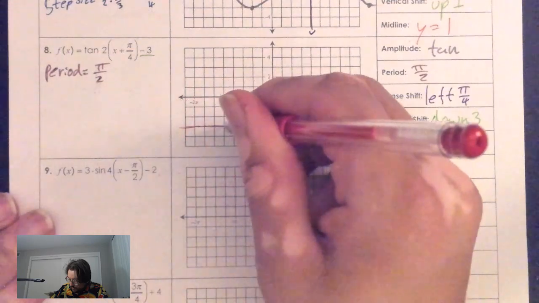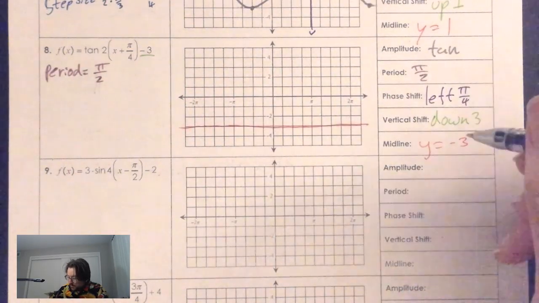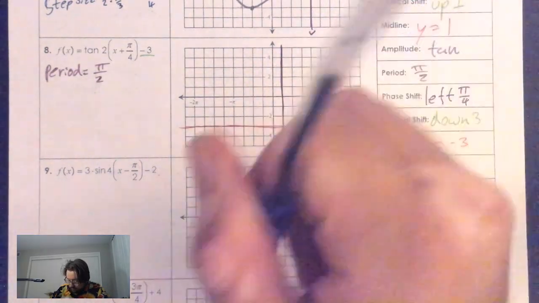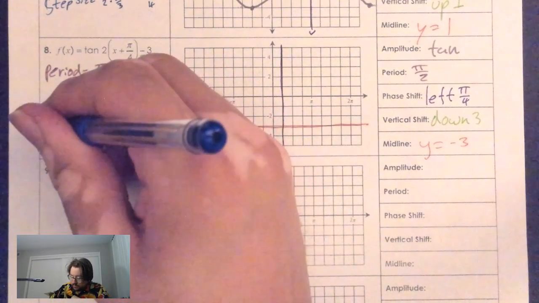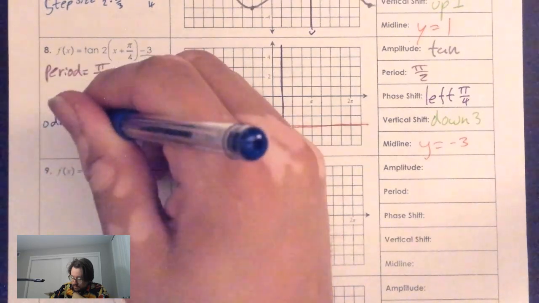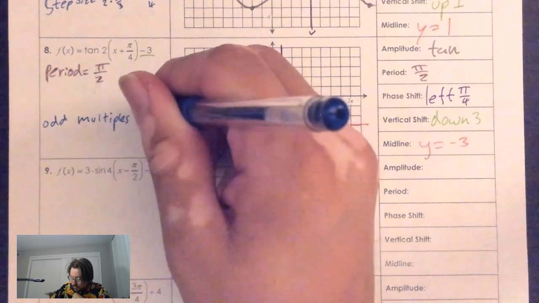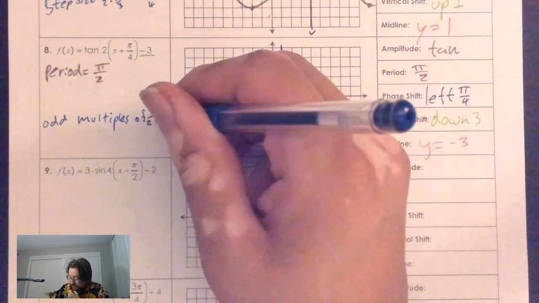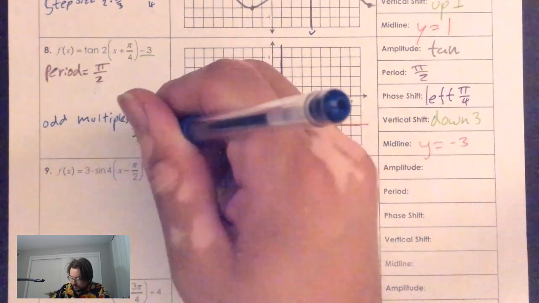I could draw my midline. I can draw where my phase shift changes my y-axis, so it's going to be at pi over 4 now. And we might want to recall then on a tangent function, that the asymptotes are at odd multiples of pi over 2b. So in this case, it's going to be odd multiples of pi over 4.